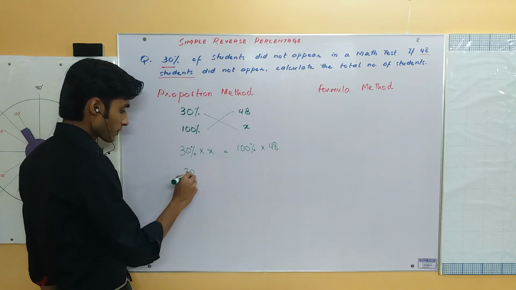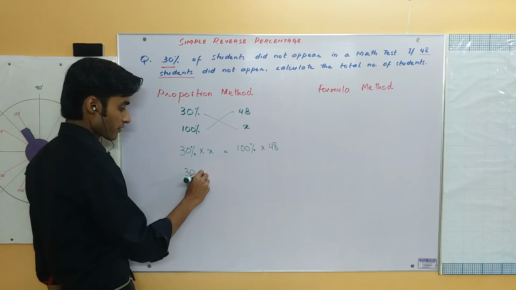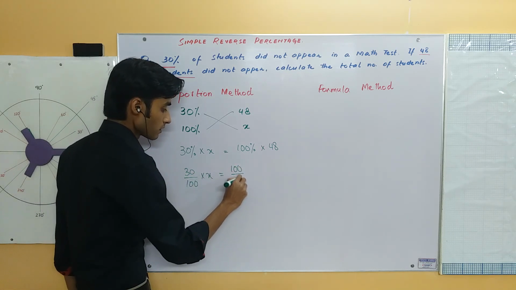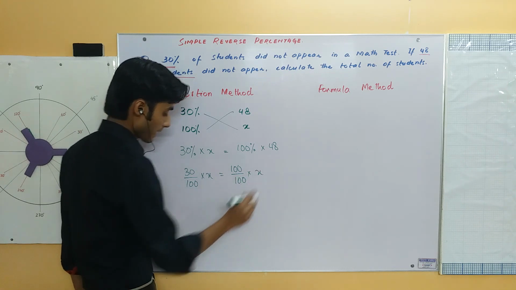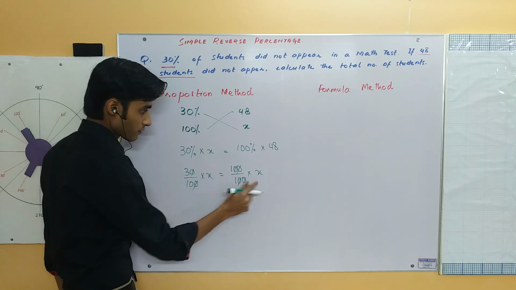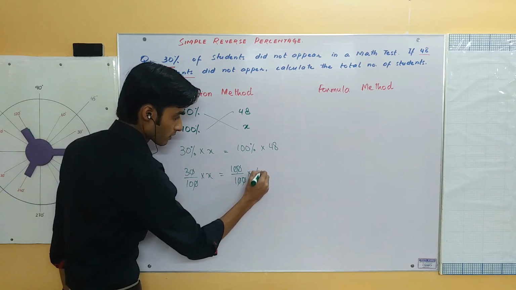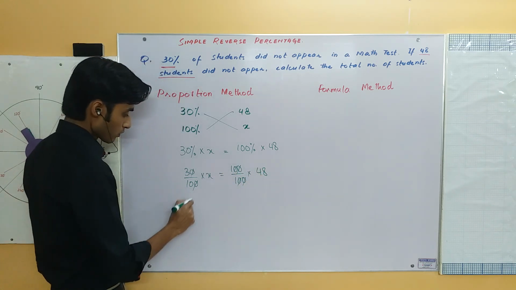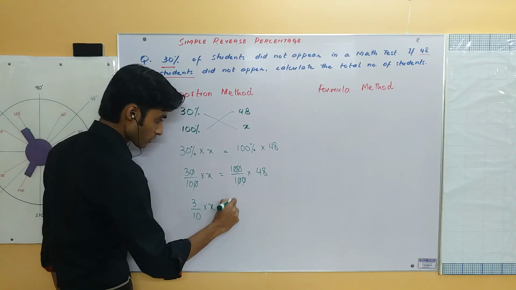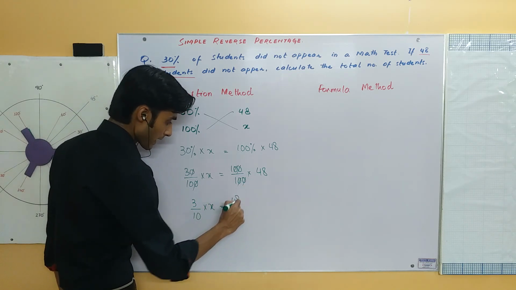Now I convert the percentages into fractions: 30 upon 100 multiplied by x is equal to 100 upon 100 multiplied by 48. I can cancel this 0 with this one. So I have 3 upon 10 multiplied by x is equal to 48.